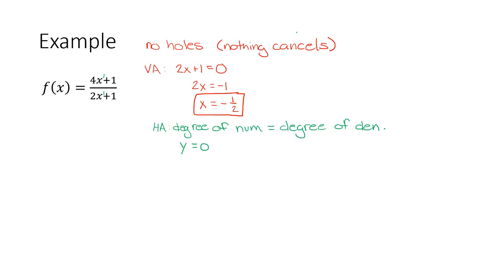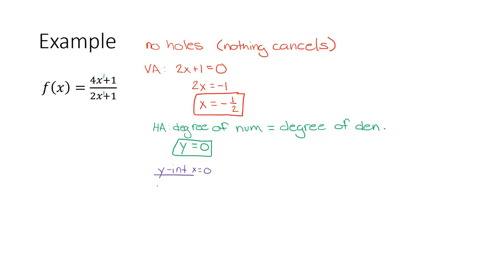Okay, so we have a few features. There are no holes in the graph, there's a vertical asymptote, and there's a horizontal asymptote. Next, let's look for the intercepts. To find the y-intercept, we set x equal to 0 and solve.